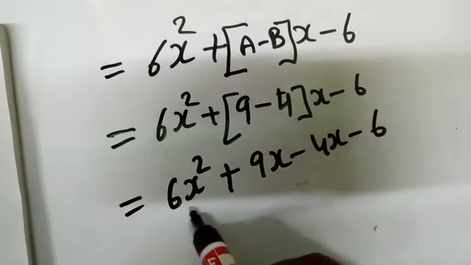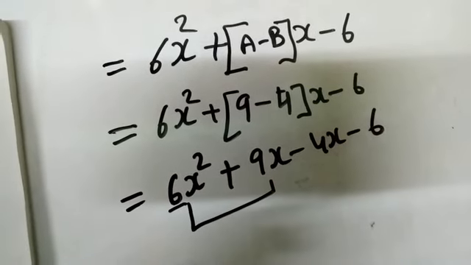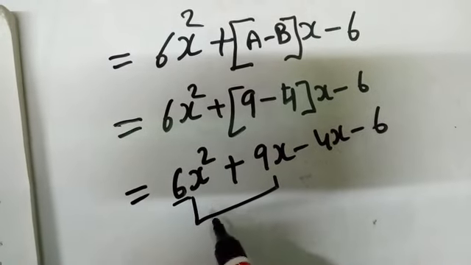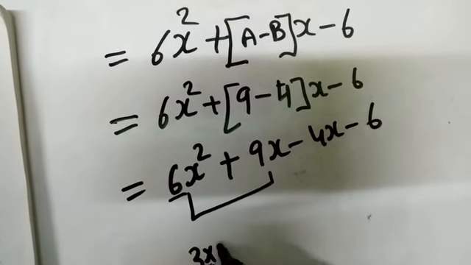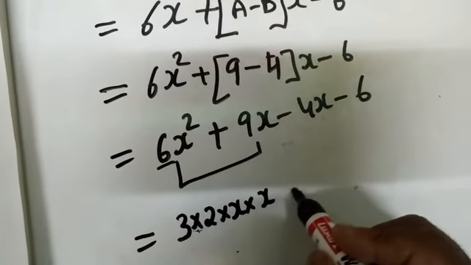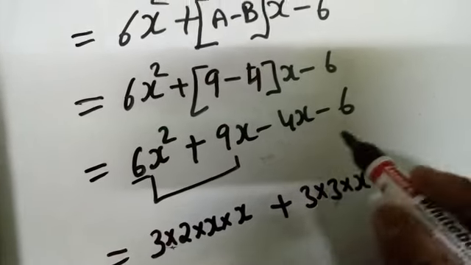Now to find the factors, we know both these numbers 6 and 9 are divisible by 3. So we can write it as 3 into 2 into x into x, plus 9 means 3 into x.